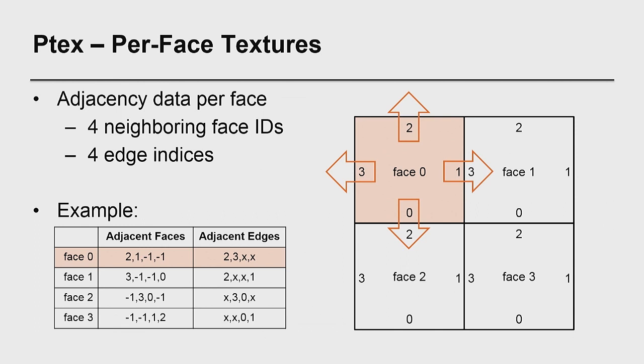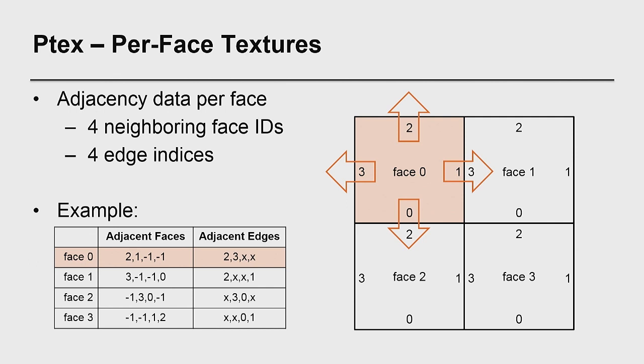This is showing an example of an adjacency list for a very simple model that includes 4 quad-shaped polygons. This adjacency list is not just recording what the neighboring face is, but also which edge of the neighboring face corresponds to this particular edge that I'm filtering across, right?